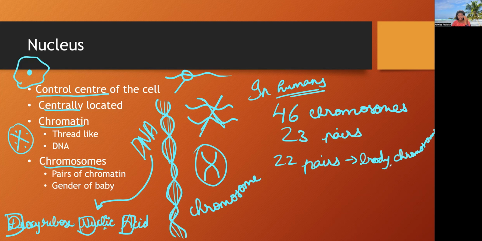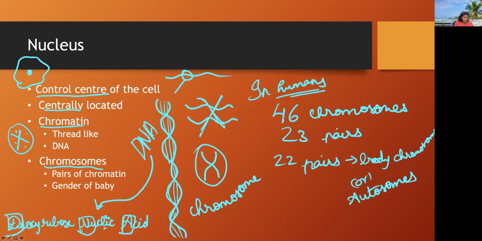So hereditary traits will be stored in the chromatin and the chromosomes, because chromatin paired is chromosomes. So these body chromosomes are also called autosomes. And the 23rd pair, it's very important.